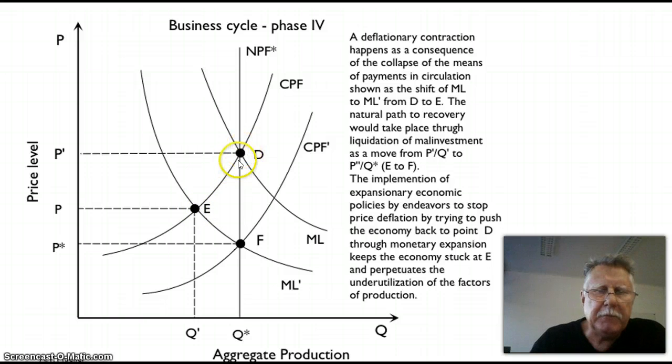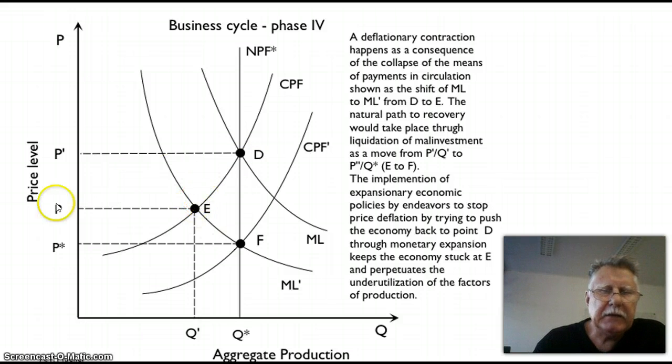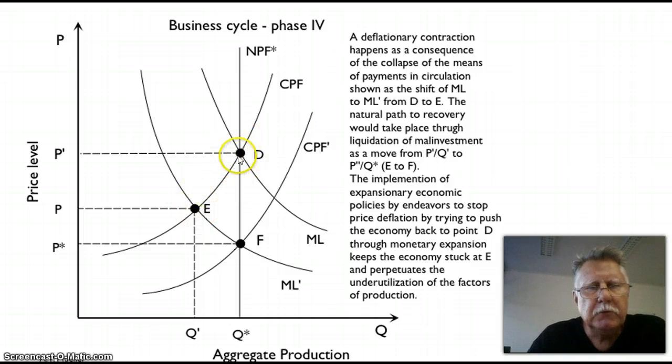So from the point D, we tend to move back to E. Without governmental intervention, we would find our new equilibrium back at F. But of course, monetary and fiscal policy will try to maintain point D or move us forward to the right. And with that, they tend to prolong the recession.